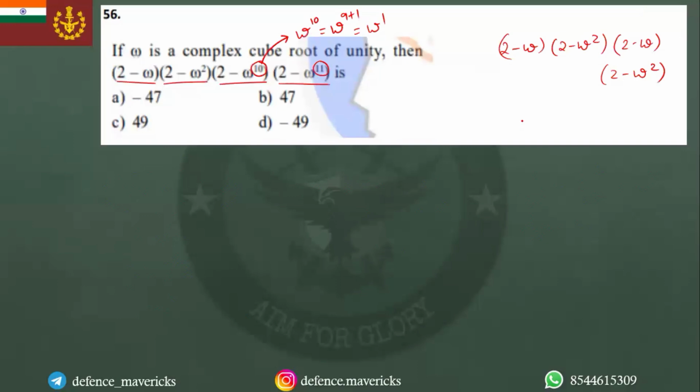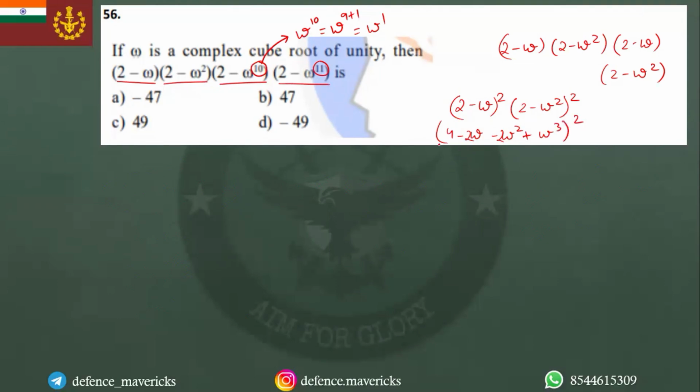So if you see, these are the same things. So basically it's 2 minus omega, 2 minus omega square, whole square. So you can do it either way. You can just square these two and multiply, or you can multiply and then try to square. Okay, so if I just expand these two, what I'll get is 4 minus 2 omega square, sorry, 4 minus 2 omega square plus omega cube, whole to the power 2.